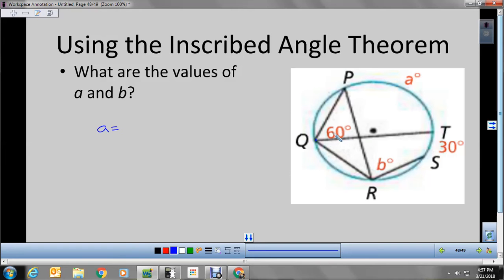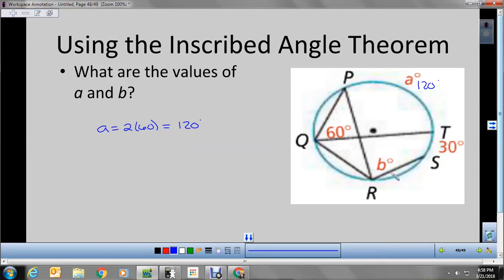This is 60 degrees. So if this is 60, and that's half of the arc it opens up to, which is the arc PT, which is the same thing as A degrees, then it should be double this. So to find this, we're going to take 2 times 60, and that's going to give us 120. So we're kind of just working backwards. So now we have 120 degrees for arc PT.